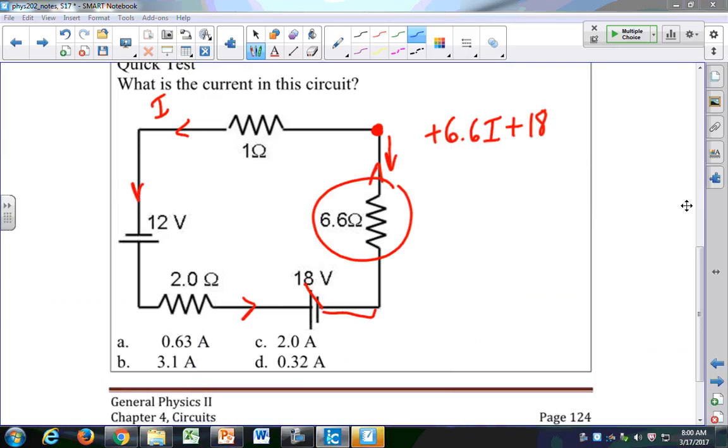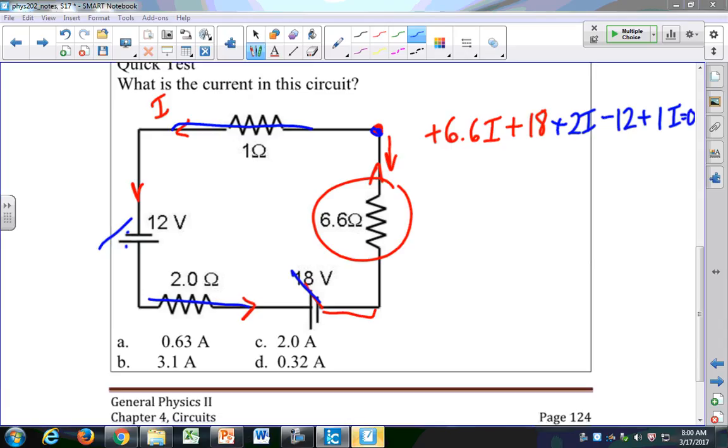So I go through. I've gotten up to this point. Then I say plus 2I, because I'm going against the current. When I go against the current, I have a positive change in potential. Here, it's like I'm going down the slide, and when you move from high to low, you lose energy. So I have minus 12. Then I have plus 1I, because I'm going against the current here, and I come back to the point where I started, so all that is equal to 0.